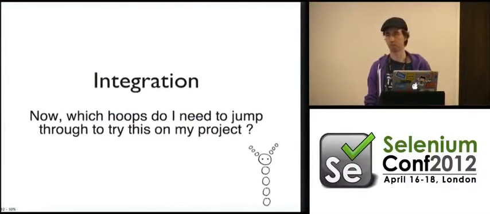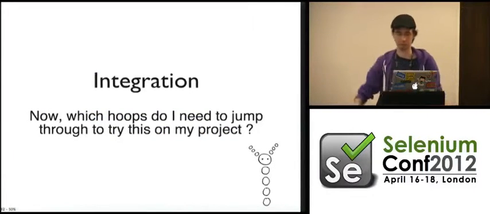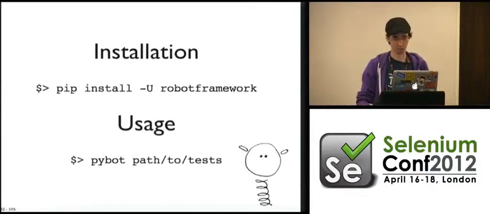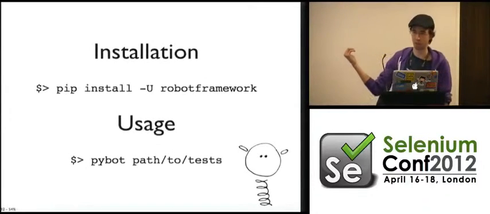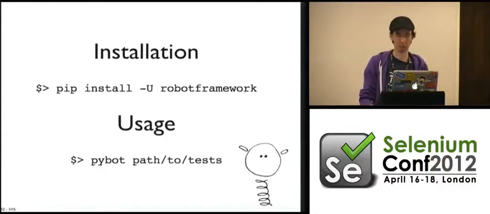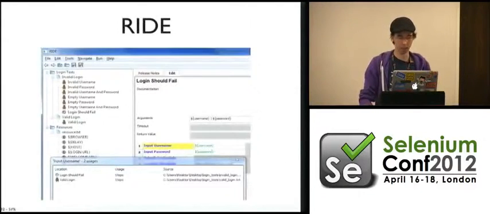So now that's magical things floating above you, but how can you integrate that? And I think it's really, really easy to use. If you're using Python, you can pip install it. It's called Robot Framework. It's on the Python package index. If you're using Java, you just download the jar file from the project's website, and then call it with pybot and give it the directory with your tests in.